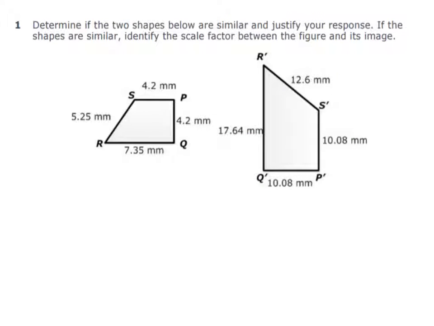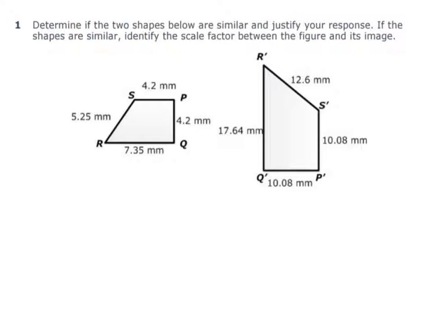Okay, so the problem that I want to take a look at says determine if the two shapes below are similar, and then justify your response. Now, it says if the shapes are similar, identify the scale factor.